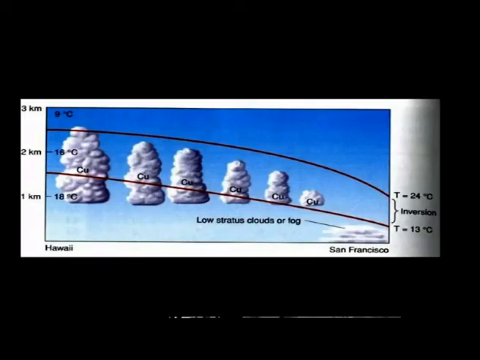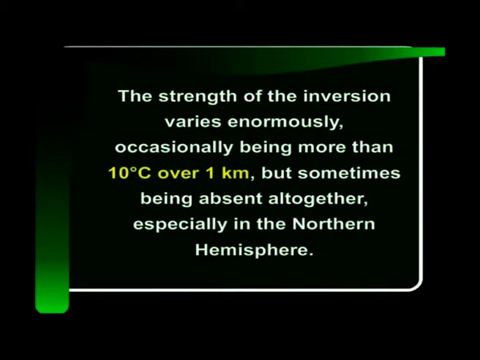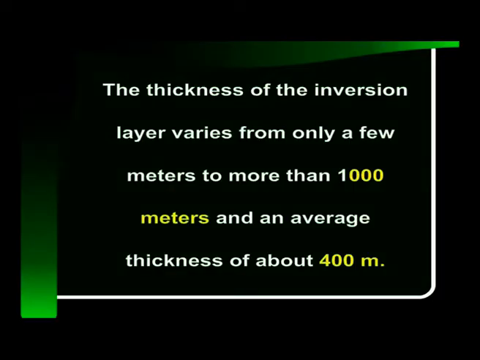The strength of the inversion varies enormously, occasionally being more than 10 degrees Celsius over 1 kilometer, but sometimes being absent altogether, especially in the northern hemisphere. The inversion is generally strongest when the height of its base is lower, and vice versa. The thickness of the inversion layer varies from only a few meters to more than 1000 meters, with an average thickness of about 400 meters.